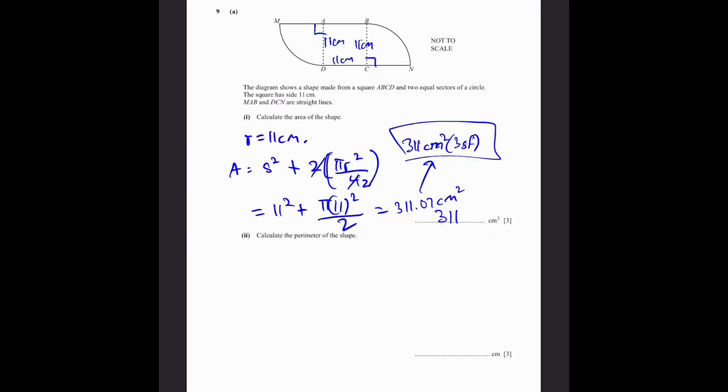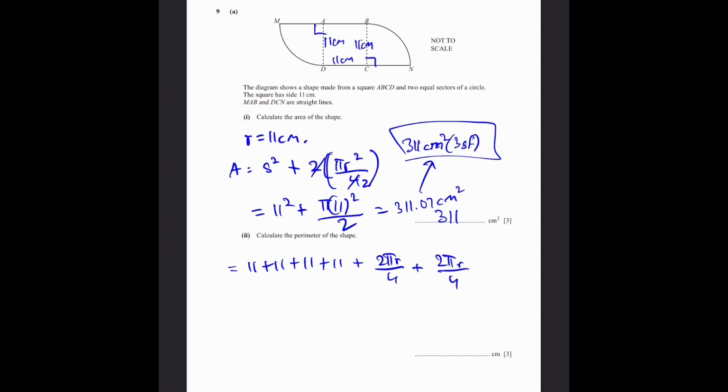So first let's find a formula. So we have one radius here, 2 side lengths here. So that's technically 4 times 11 centimeters. And then we have a quarter circumference of the circle twice. So that's 11 plus 11 plus 11 plus 11 plus 2 pi r by 4 plus 2 pi r by 4.